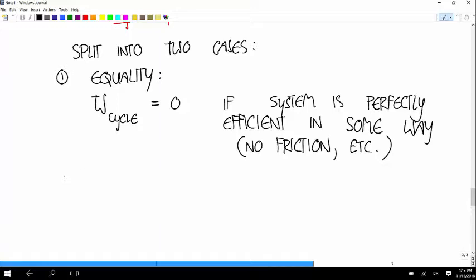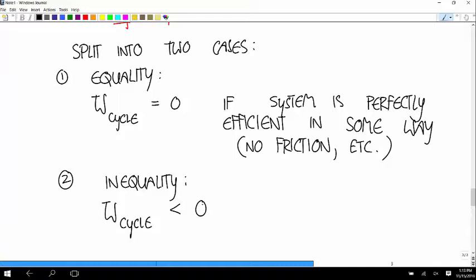And then the second is the inequality. And the inequality says that the work done by the cycle is less than zero if there are inefficiencies.